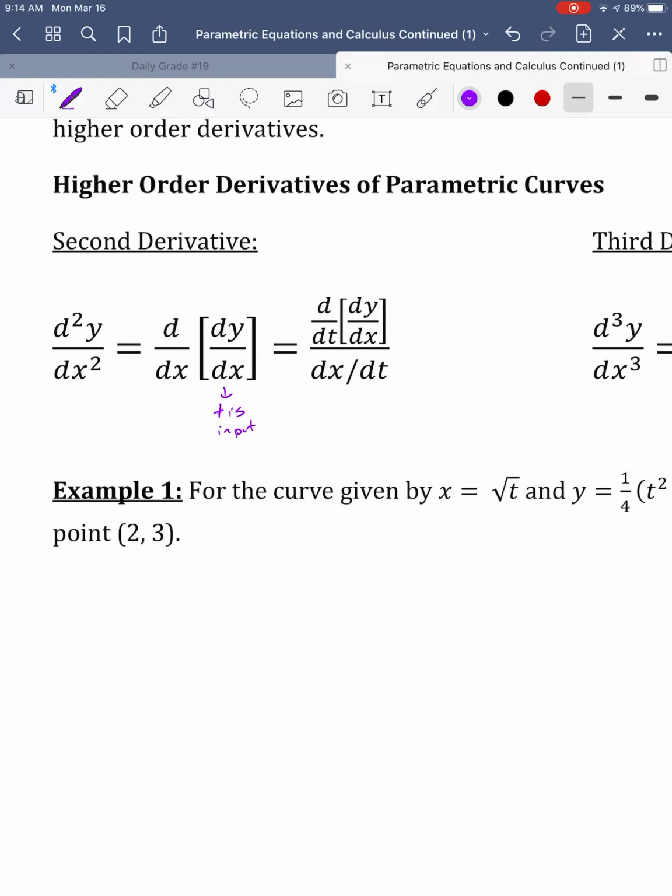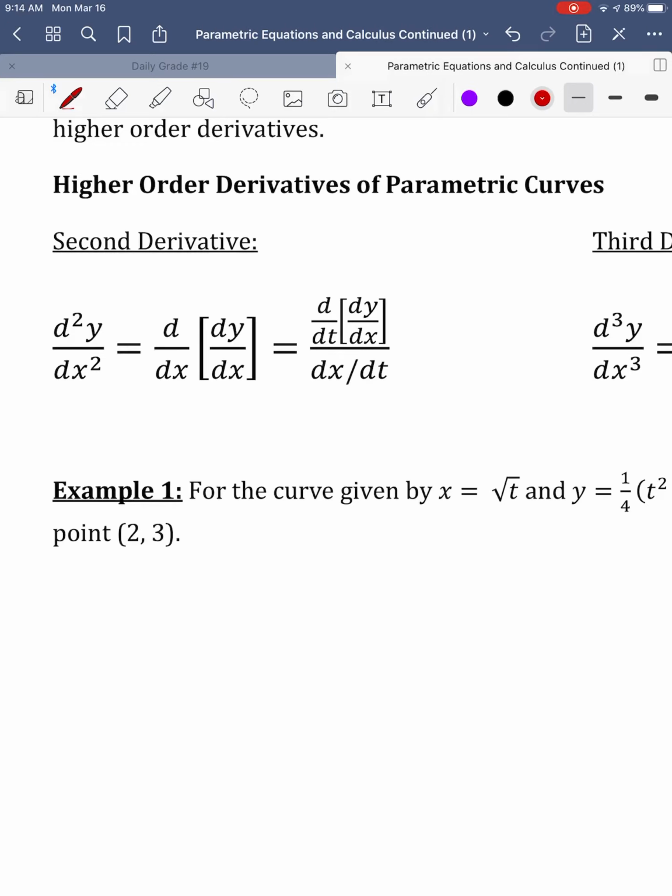So when I do d/dx, what I really have to think about is d/dt over dx/dt, because I have to take a derivative with respect to time, and what I see here is d/dx.